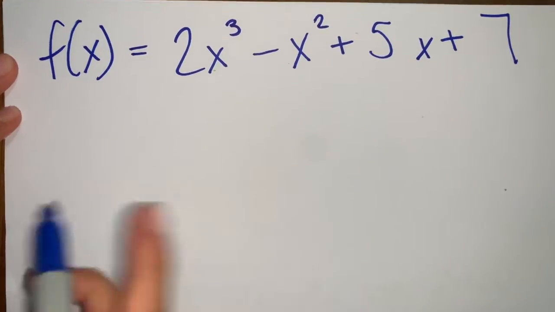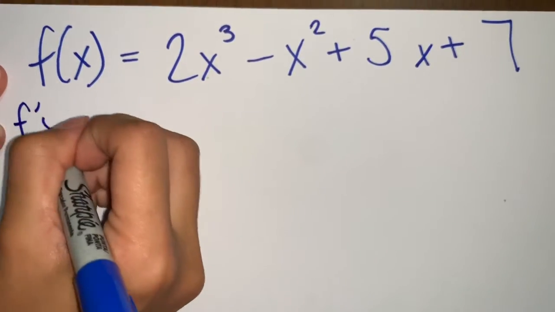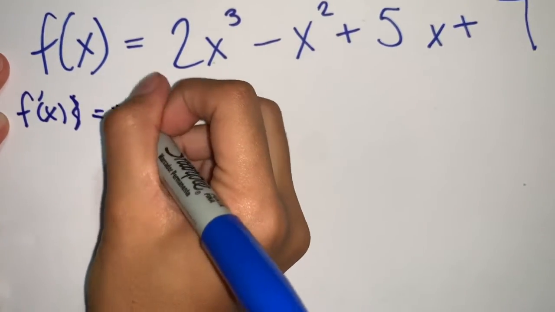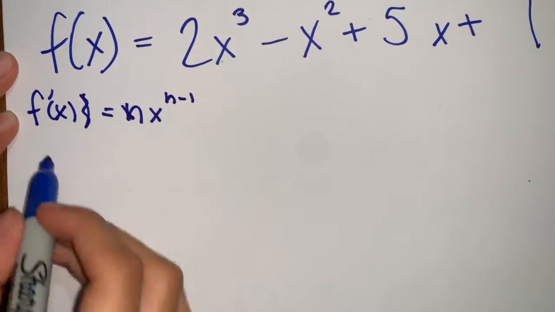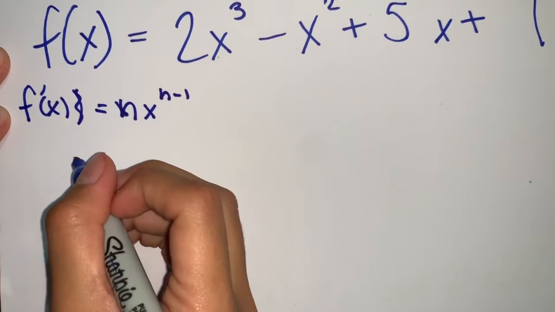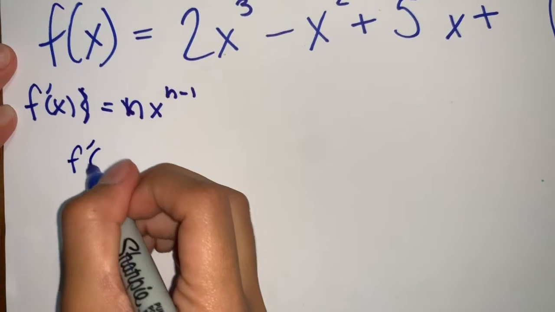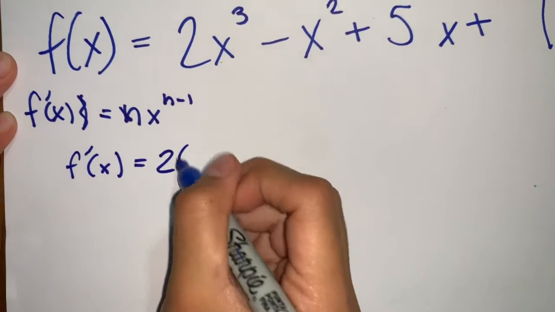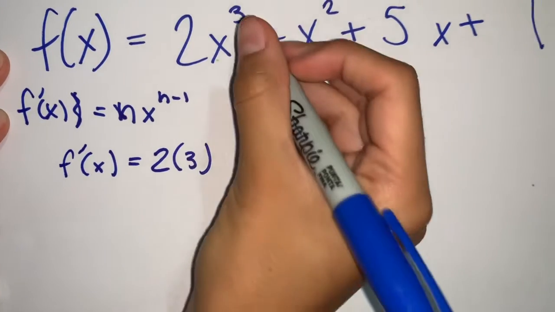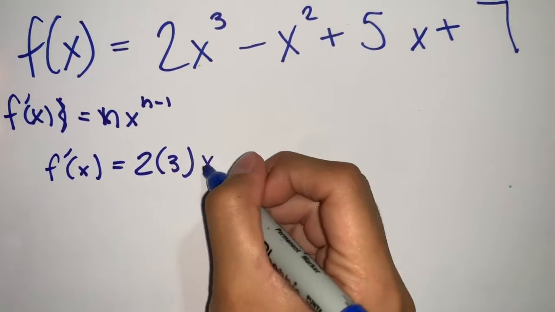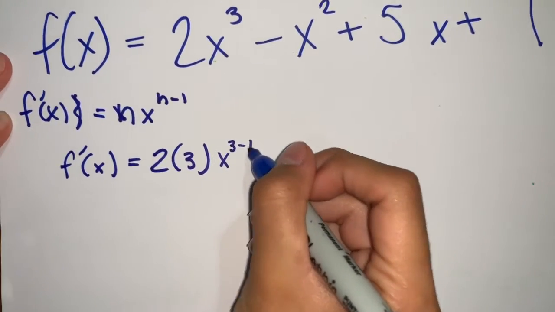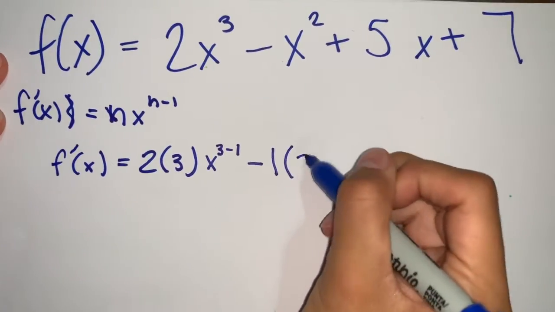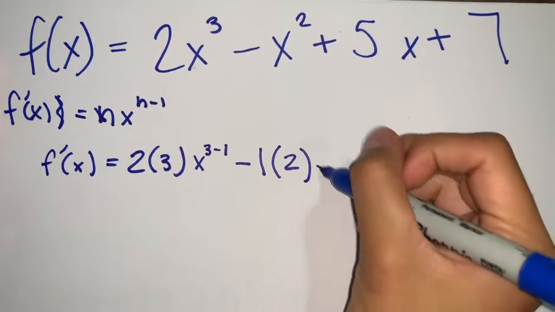To verify if a problem was done right, we can always use the power rule with the formula n times x to the n power minus 1. To do this, you need to take each term into account. In this case, you will first take the term 2x to the third power. You will take the 3, which is the exponent, and multiply it times its coefficient, which is 2. So it'll be 2 times 3 and then x to the power 3 minus 1.